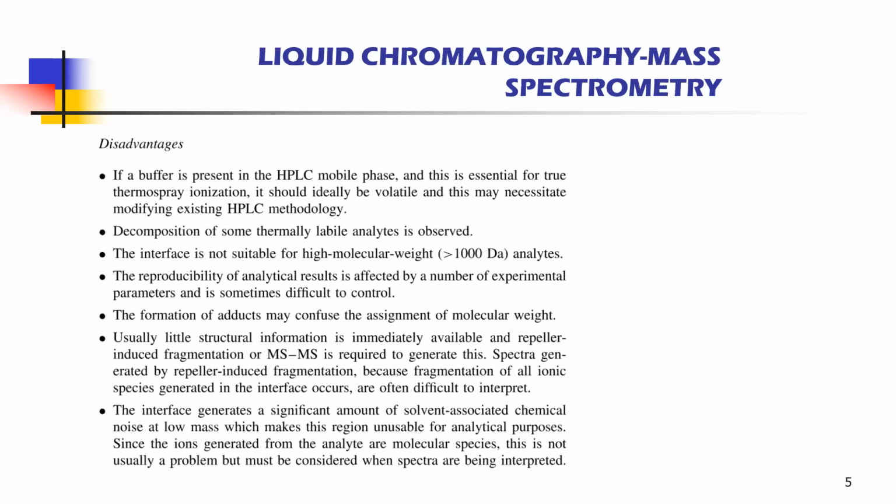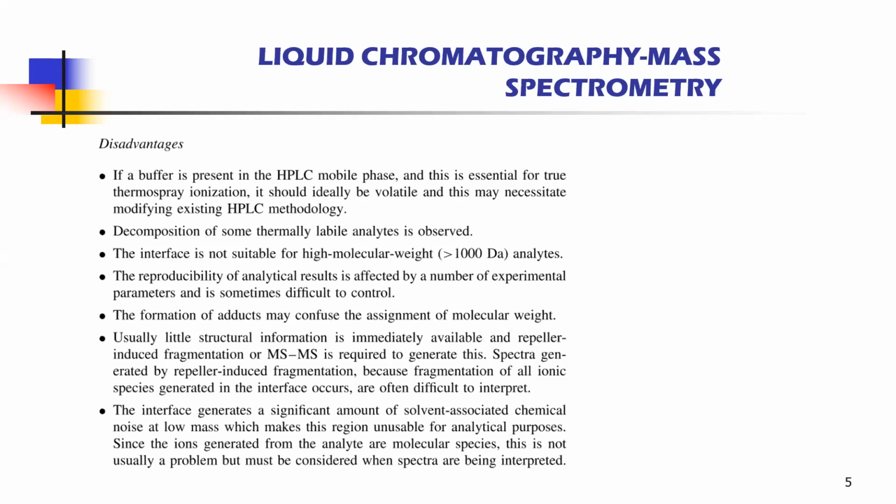The interface generates a significant amount of solvent associated chemical noise at low mass, which makes this region unusable for analytical purpose. This solvent associated chemical noise comes from the flow rate and gradient elution parameters that produce noise, and the lower concentration sample analyte peaks overlap with it, so they are not getting sensitized.